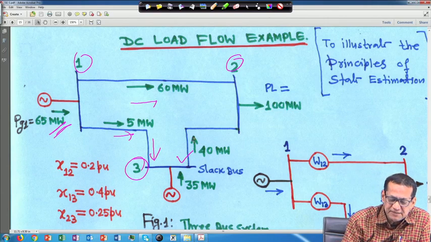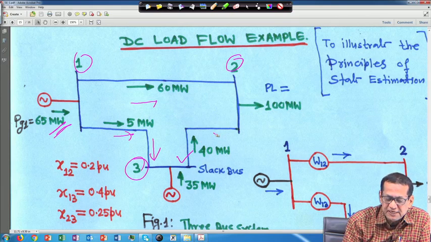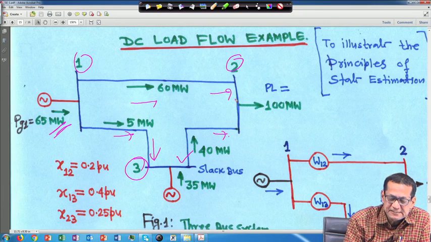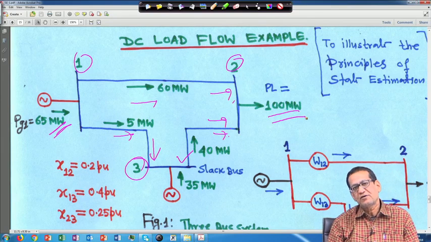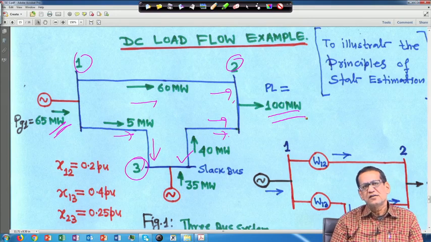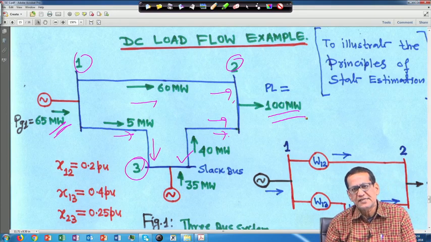This 40 megawatt is leaving bus 3 and going here. That means this 60 is coming here and this 40 is coming here, so total load is 100 megawatt. No loss is considered, so it is a perfect balance.